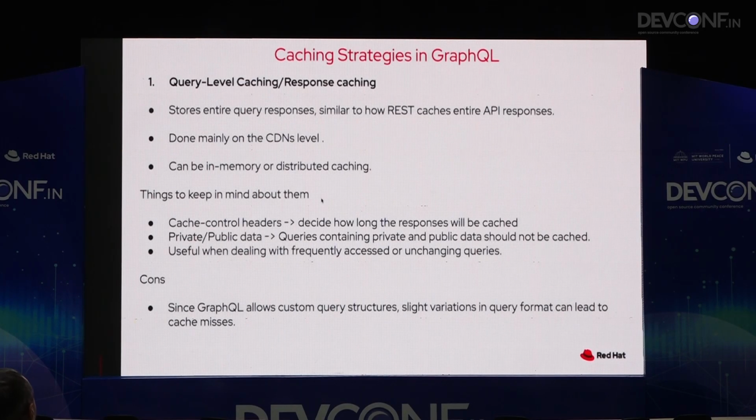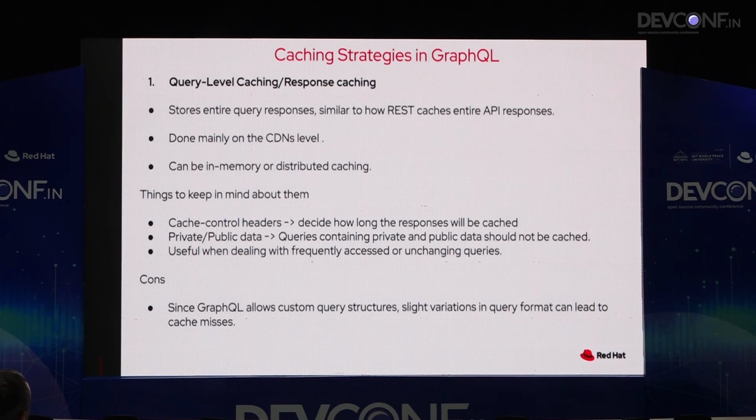Well, there are a few caching strategies in GraphQL, specifically three that I've mentioned here, but if you know something else, then sure, you can talk. So one is response caching. These kinds of caching do get implemented, and are mainly done on the CDN level.